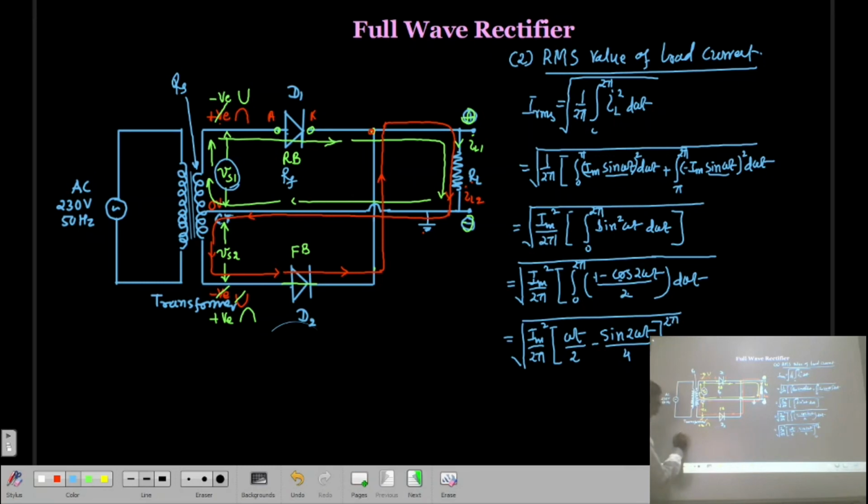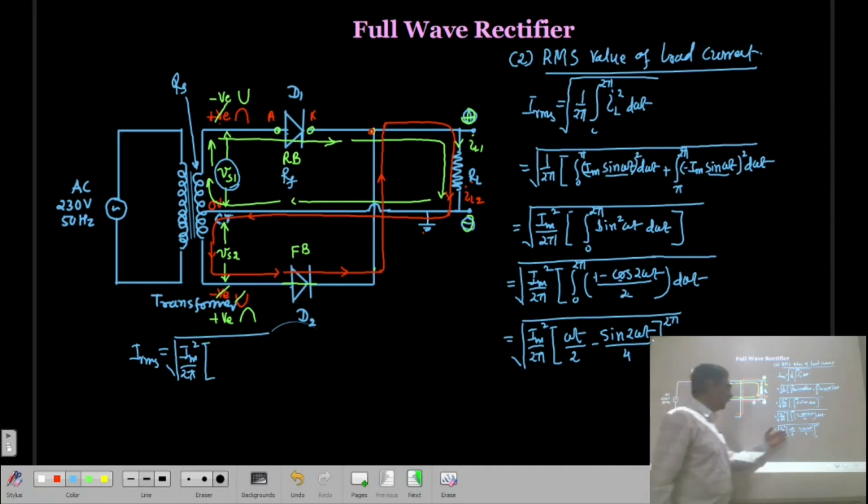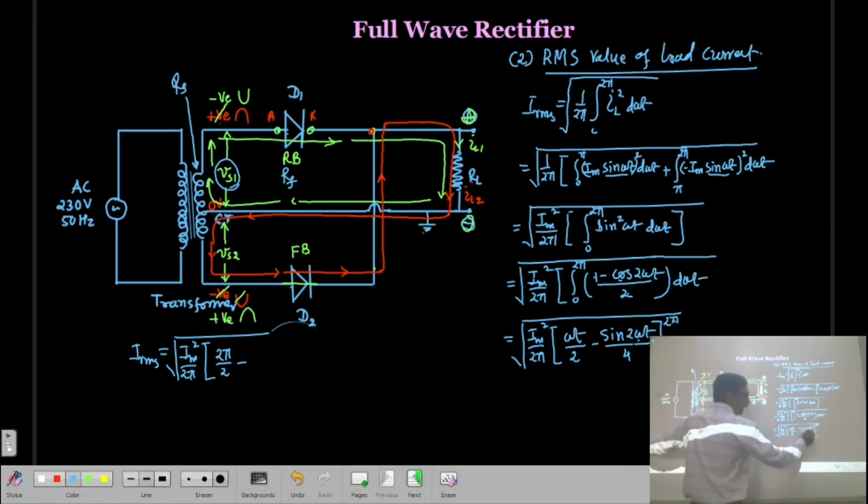So here IRMS we can write under root of Im square by 2 pi, then inside we write omega t divided by 2. Omega t is equal to 2 pi, and this will be 2 pi divided by 2. Then if we put omega t equal to 2 pi, sin 4 pi will be 0.